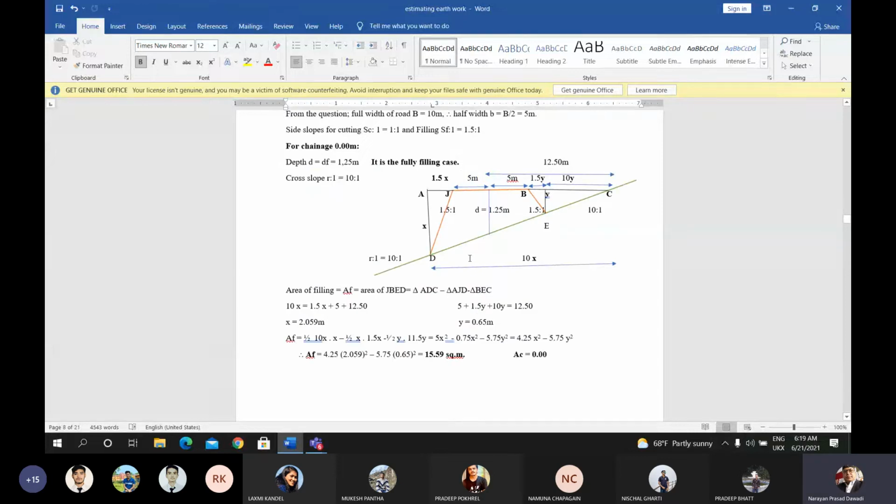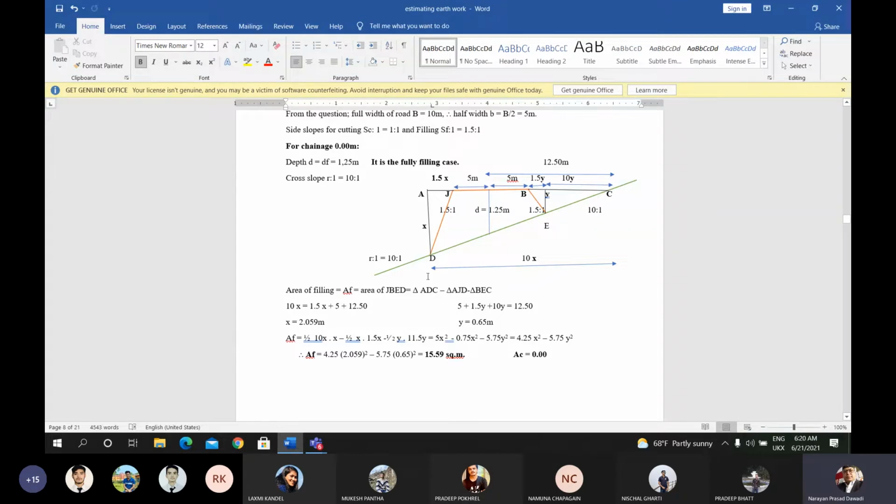The portion of the road that will be in fully banking is shown by this red line. Okay, this red line gives the figure of the fully banking, fully filling case. The side slope is 1.5 to 1, and half width of the road is 5 meter. Another half width is 5 meter. Total width of the road is 10 meter.